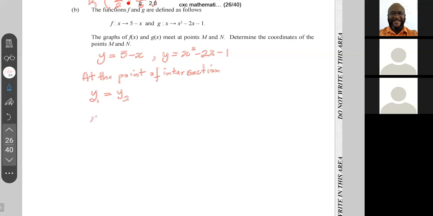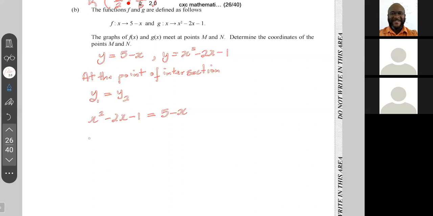So y for one of the graphs is x squared minus 2x minus 1, and y for the next graph is 5 minus x. Now, y1 is equal to y2. This only occurs at the point of intersection of two graphs.